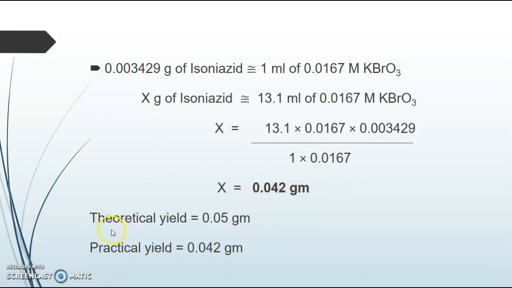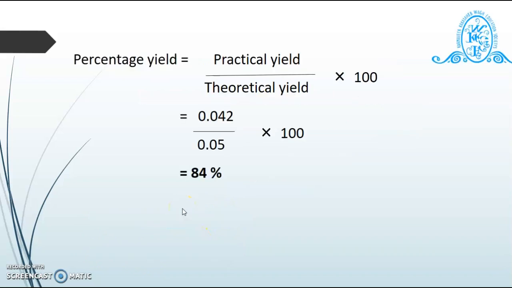So you can see we calculated the theoretical yield as well as the practical yield. Putting these values into the formula, we calculate the percentage yield. The formula is practical yield divided by theoretical yield, into 100.